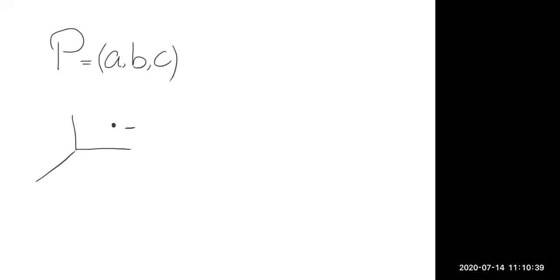So P, its coordinates would be something like A, B, C. It's a point in 3-dimensional space. And this vector V is a vector in 3-dimensional space too. So its coordinates would be something like V1, V2, V3, right?